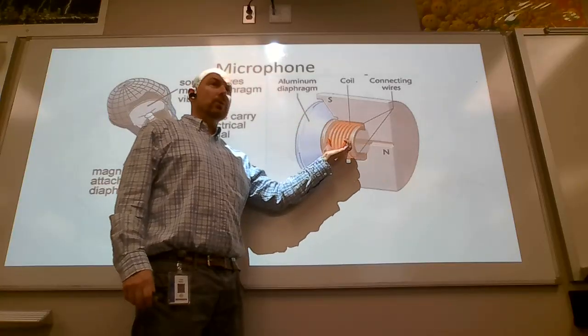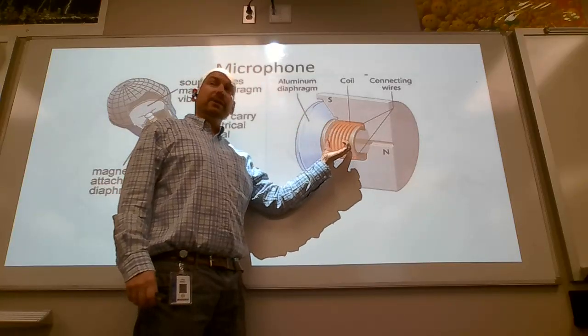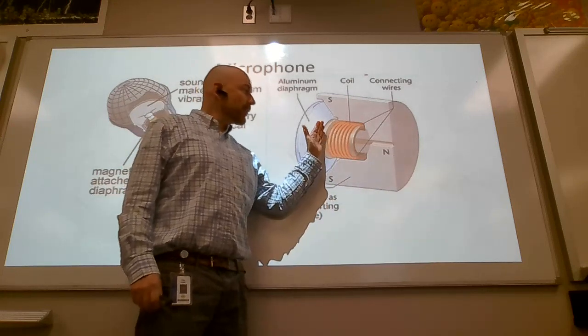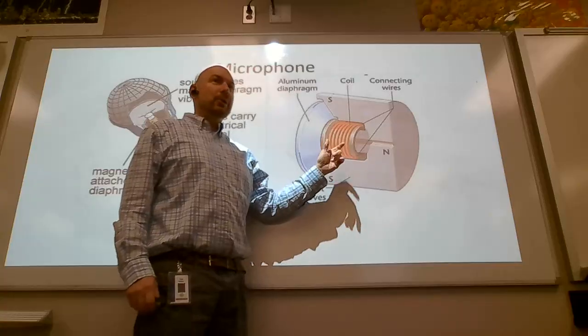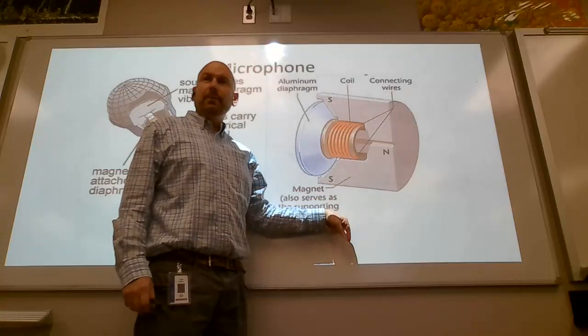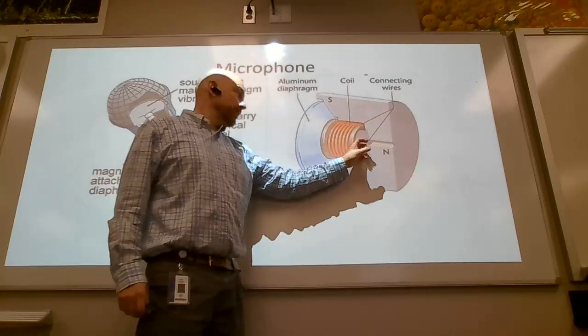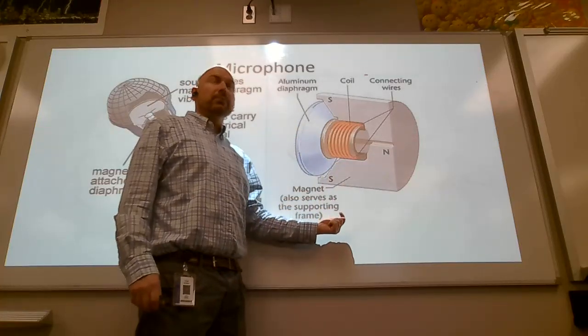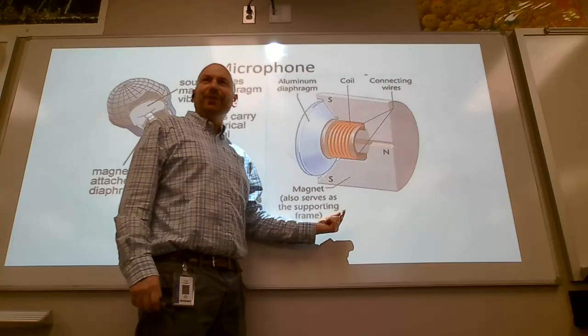So this coil of wire is experiencing a change in magnetic field. As it gets forced one way, it induces a current that flows one way. As it's being pulled back out, it creates a current that flows the other way.